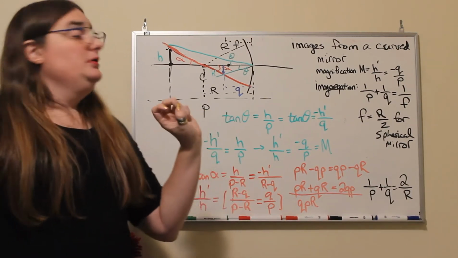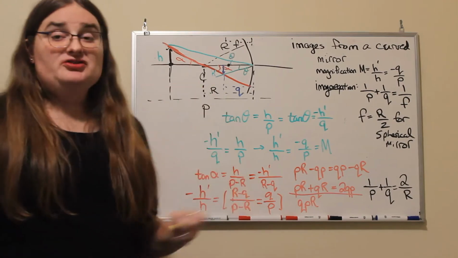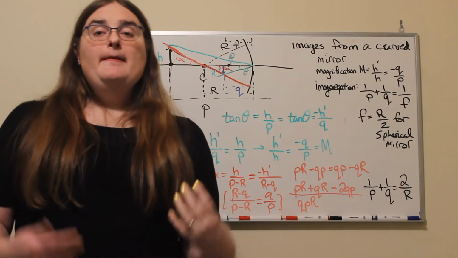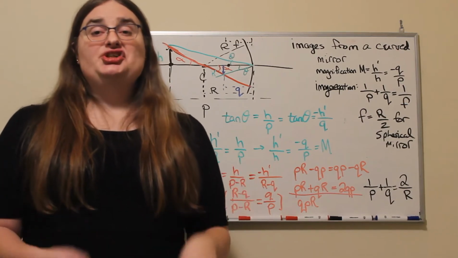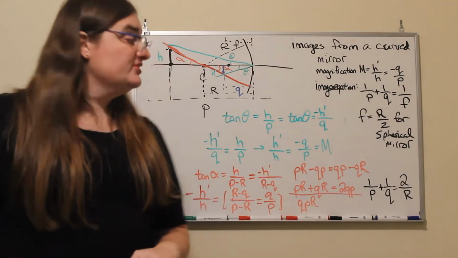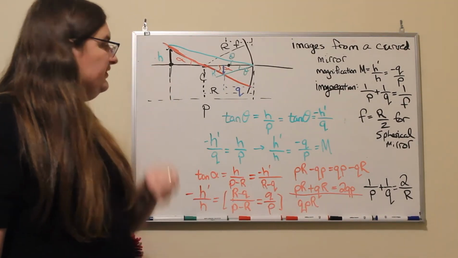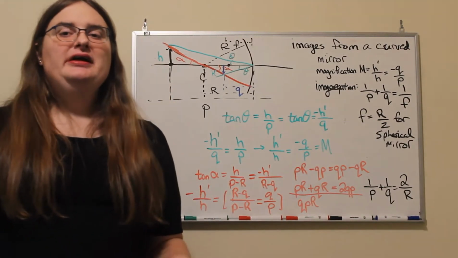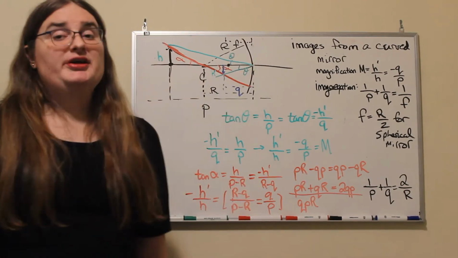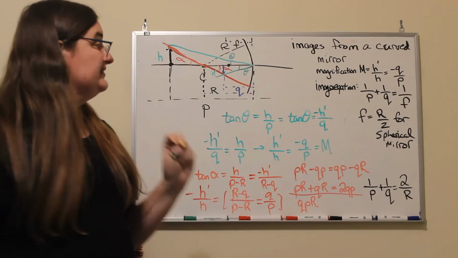Now, the equations we're about to work out apply for real and virtual images, but it's easy to show the trig just looking at the real case. So, the first thing that I want to do is take a look along this green ray, bouncing at the center.